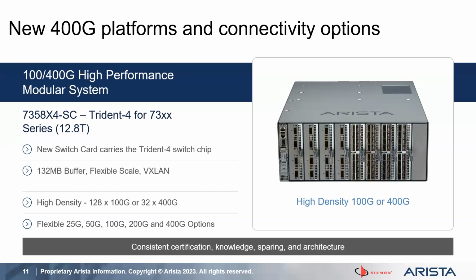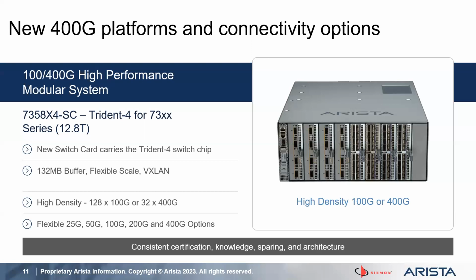So if you don't want to deal with the breakout options, then choosing this modular platform is the way to go, where it's going to give you that flexibility where you can go from 25 gig to 100 gig to 400 gig in a single box over several generations.